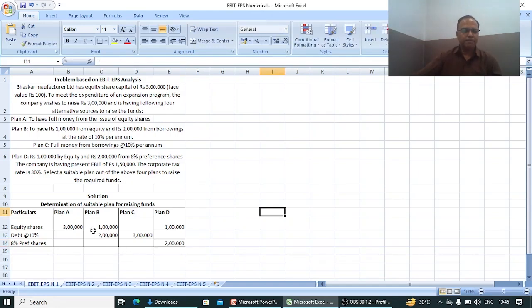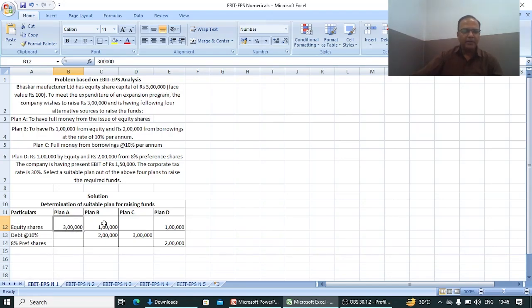Two lakh. Now this is the creation of plans. I think it should be clear that according to plan A, the firm has the option to collect rupees 3 lakh by issue of equity, so I am writing it in front of equity.